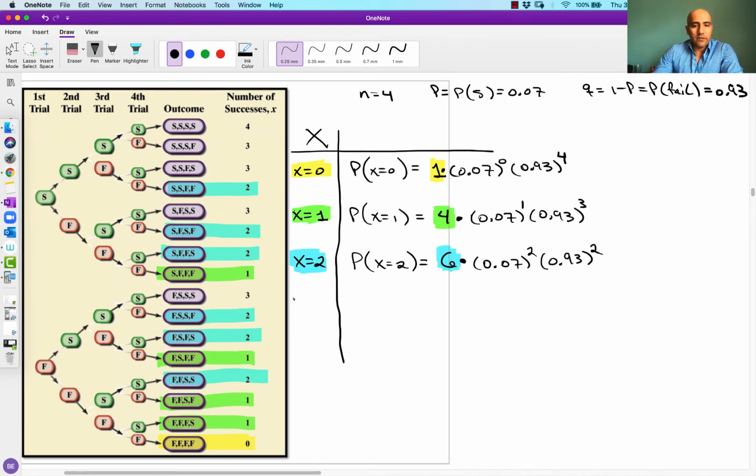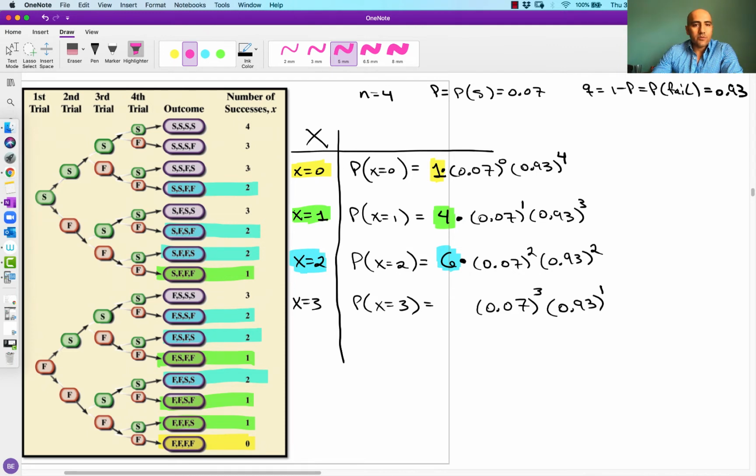Good, almost done. X equals 3 now. So the probability that x was 3. 3 out of the 4 people had O negative blood. Skip that constant for a second, and we multiply this by 0.07 to the power of 3 times 0.93 to the power of 1. So if we had 3 successes, that means we only had 1 failure. And again, we can come back over here and count the number of ways that could have happened.